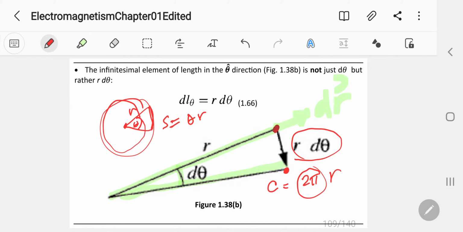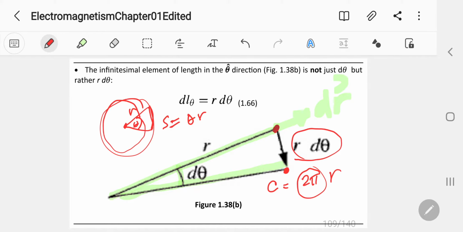That would just be dr times r d phi. This is the area for theta hat.